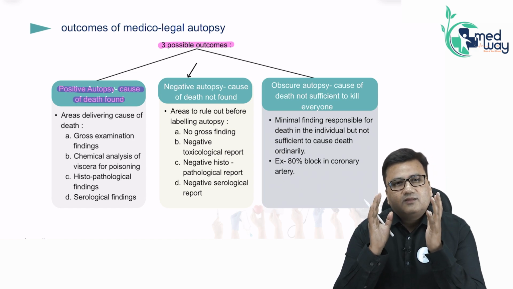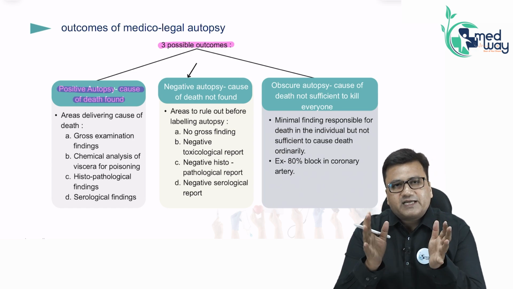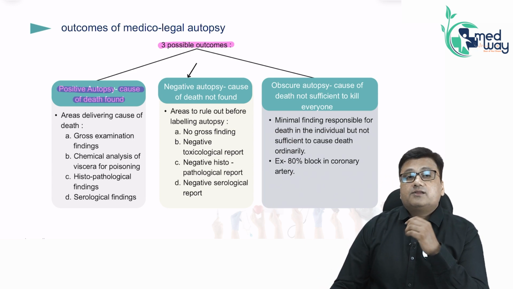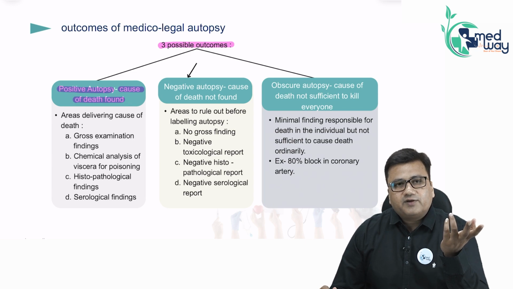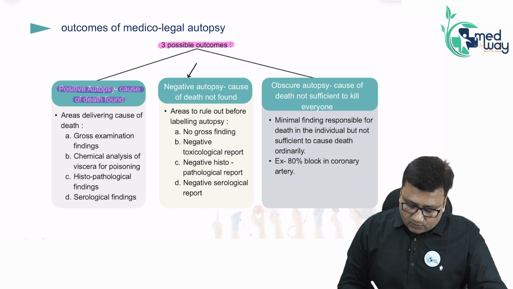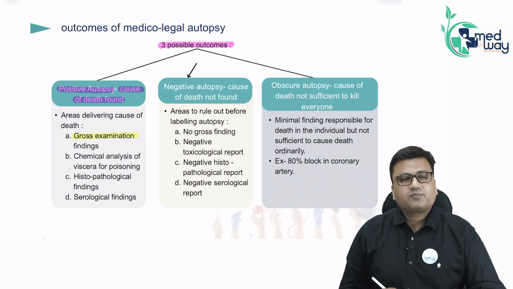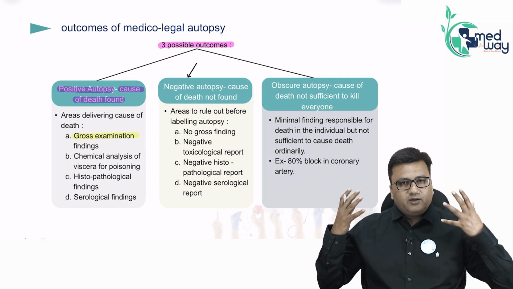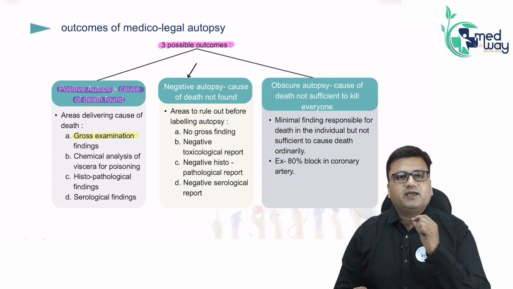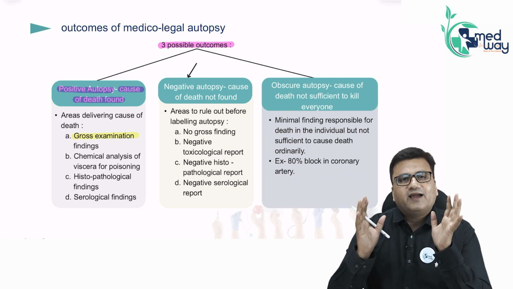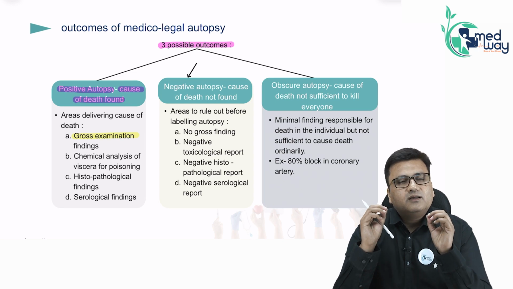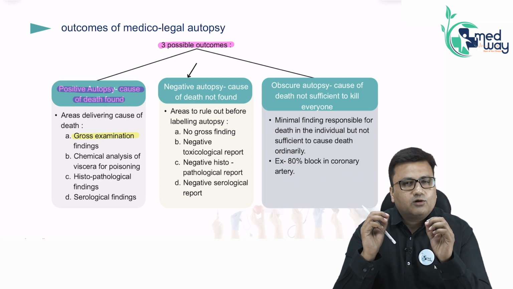Now, when this kind of inspection of the body is done, the autopsy doer is expected to find the cause of death most likely during the gross examination. What is gross examination? When he inspects the body with the naked eye exteriorly and interiorly, and he finds any trauma or damage inside the body that would have been the reason for the death of a person.